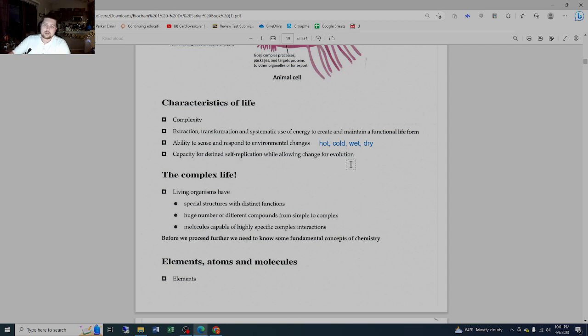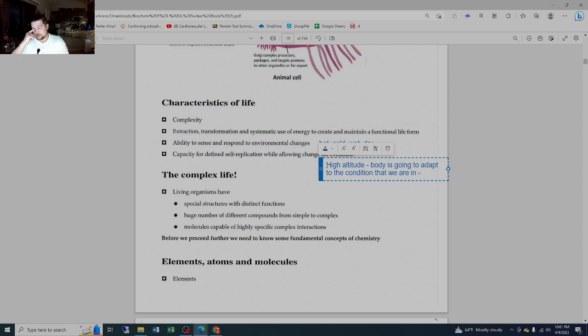So if we're consistently in, let's say, high altitude, you'll get a lot more into this when you get into the classes of physiology, but our body is going to adapt to the conditions that we are in.